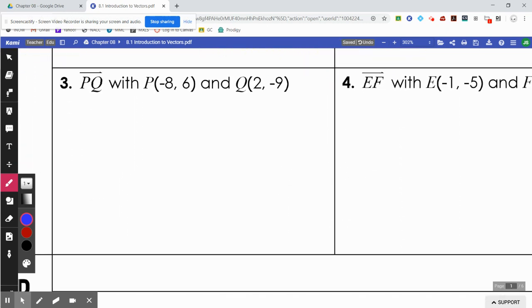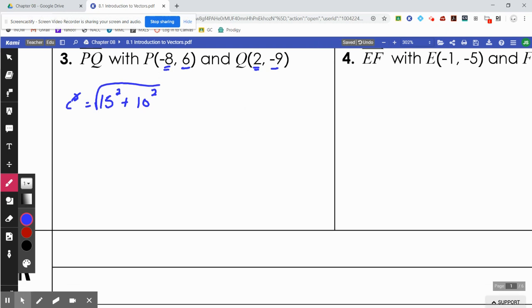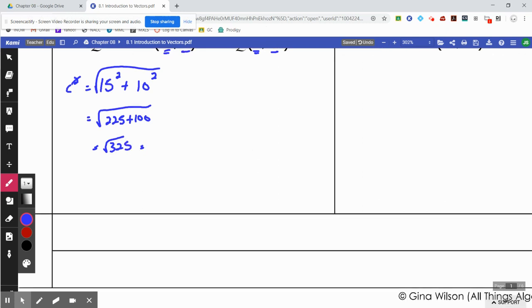Again, the magnitude here: find the distance from 6 to -9. That'd be a distance of 15. Find the distance from -8 to 2. That's a distance of 10. And simply do the Pythagorean theorem. Since that will equal c squared, to get rid of that squared, you're going to take the square root in the end. So the square root of the two distances squared, that'll be the square root of 225 plus 100, which is the square root of 325, which will simplify.